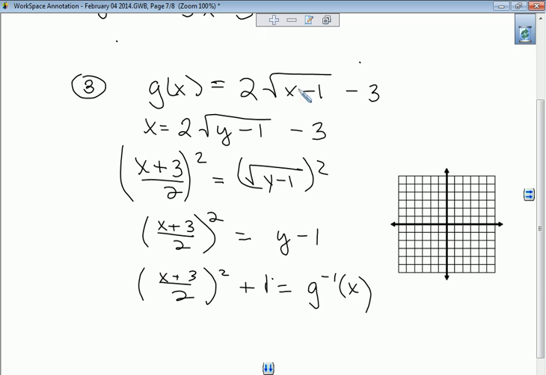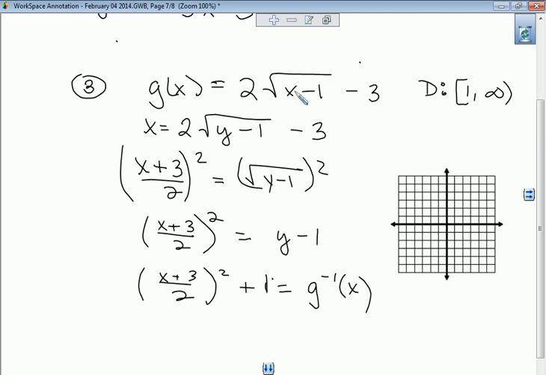Now, yesterday, I actually gave you one of these, and we talked about the domain of it. It can't be less than 1, can it? The domain of this function starts at 1 and goes to infinity, because if we had anything less than 1, what would we get? Imaginary. We'd have a negative here.